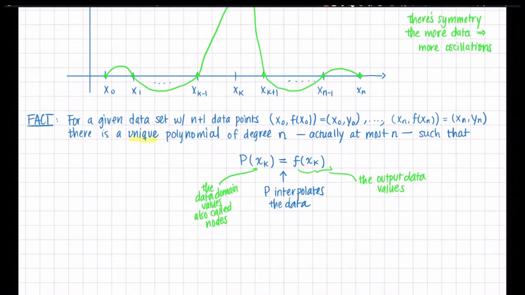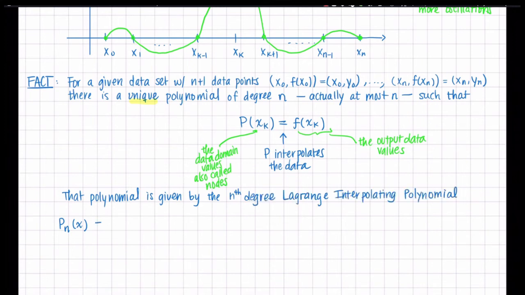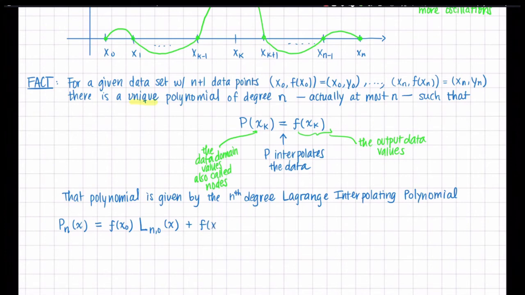And that unique polynomial, here's the systematic way to define it: P of x, and I'm going to introduce a little subscript n for the nth degree polynomial, P sub n of x, given by the nth degree Lagrange interpolating polynomial, is equal to f of x naught times L n0 of x, the switch polynomial that turns on for the 0th node value, plus f of x1 times L n1 of x.